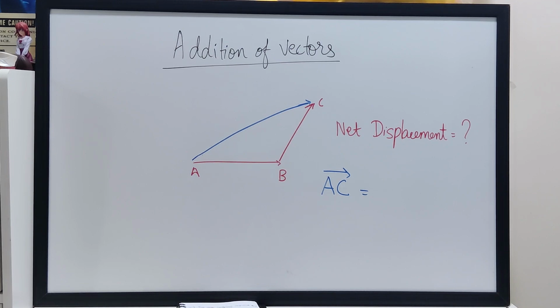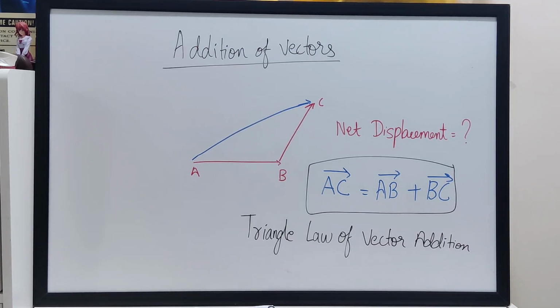Therefore, vector AC is equal to vector AB plus vector BC. Now this is known as triangle law of vector addition.